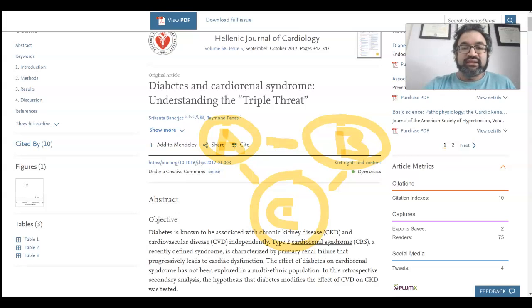So these in combination cause more harm in the patient or in the population than if they were to be impacting individually. So for instance, diabetes individually would not be as harmful to the patient as diabetes, heart disease, and chronic kidney disease.